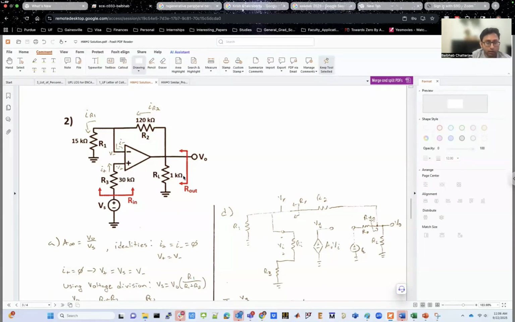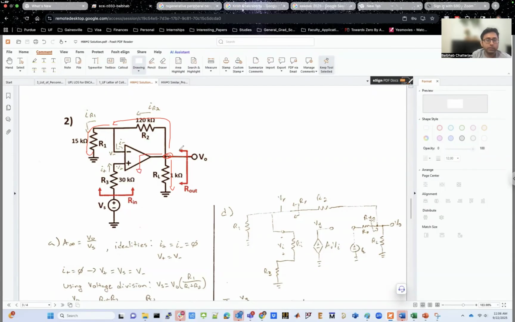On the other hand, R out is at this particular terminal, right? Because that's the terminal where your VO is connected. You know that there is a resistive path going here, and even though there is no current that goes into the op amp, there is current that is going into the ground. There is also a resistive path over here that goes to the ground. But you have a zero resistance path from this same point through the output of the op amp to ground.